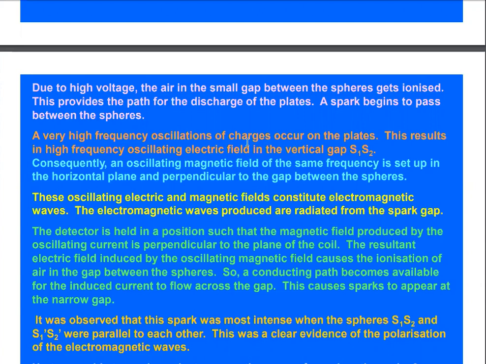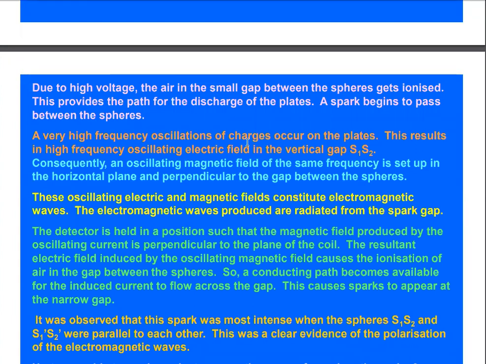Consequently, because of variation in electric field, a periodic variable magnetic field of the same frequency will be set up in the horizontal plane and perpendicular to the electric field between the spheres.